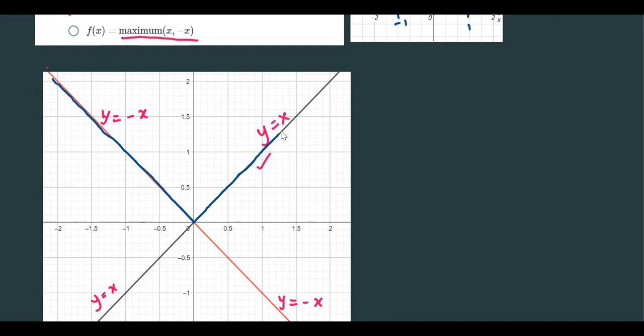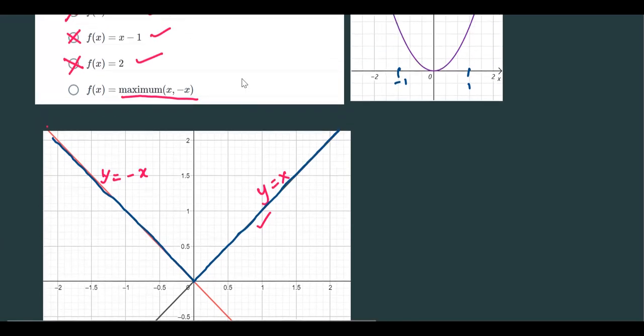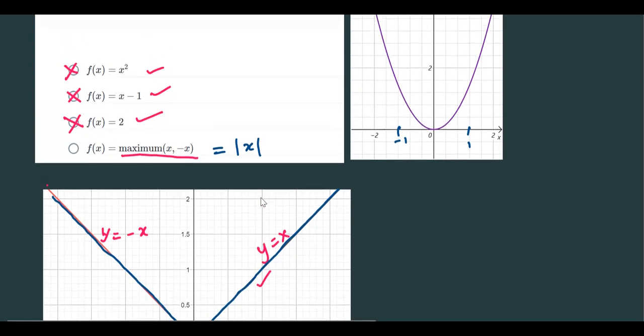Which is same as your modulus x graph. This function, which is written in a hidden way, is nothing but your modulus function. Now this is continuous at x equal to 0, but not differentiable at x equal to 0.